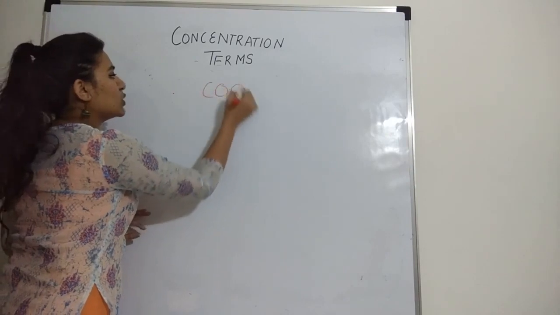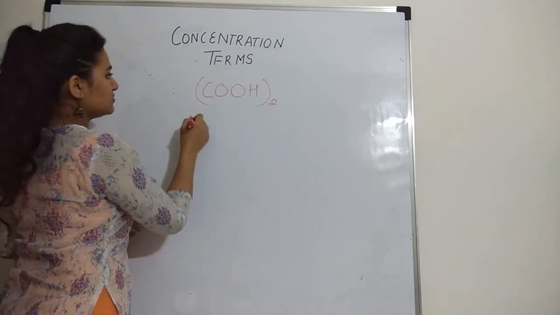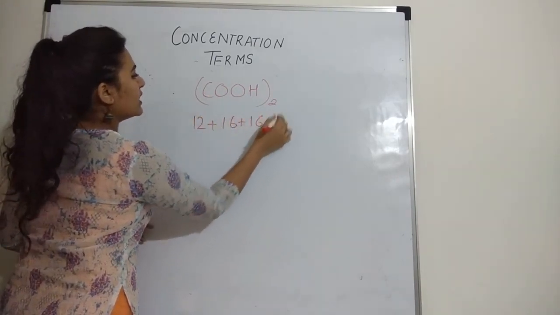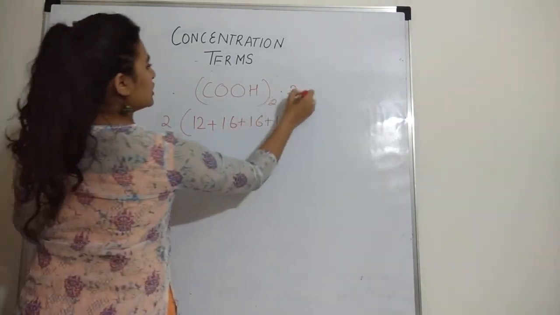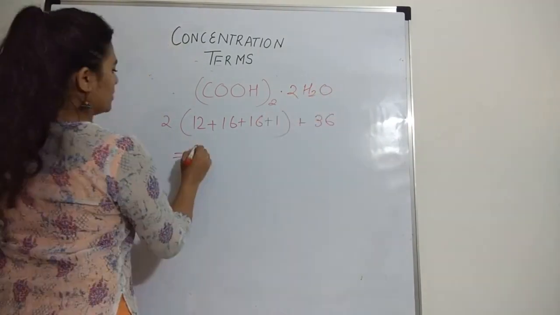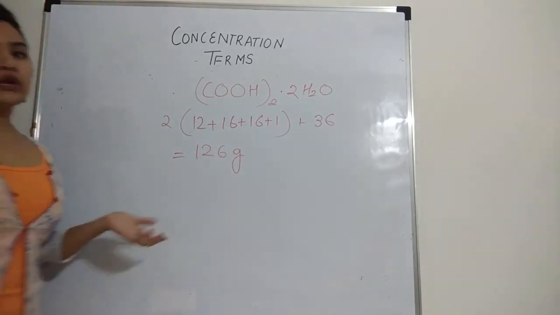Oxalic acid is COOH whole twice. So what will be the mass? 12 plus 16 plus 16 plus 1 into 2. It's given in the solution as dot 2H2O, so plus 36, 2 into 18, 126 grams. Okay. So that's the molar mass of the acid.